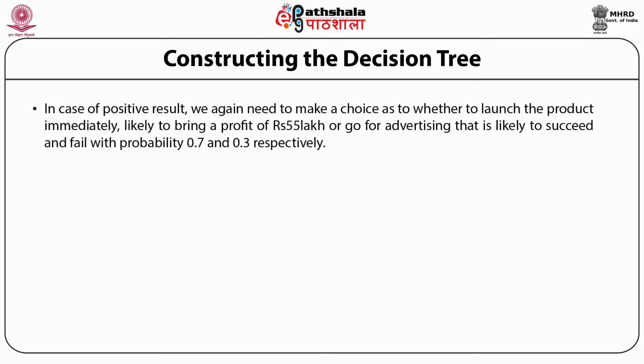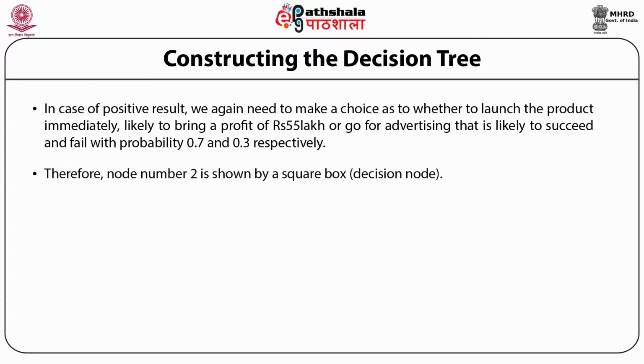In case of positive results, we again need to make a choice as to whether to launch the product immediately, which is likely to bring a profit of rupees 55 lakh, or go for advertising, which is likely to succeed and fail with probability 0.7 and 0.3 respectively. Therefore, node number 2 is shown by a square box.